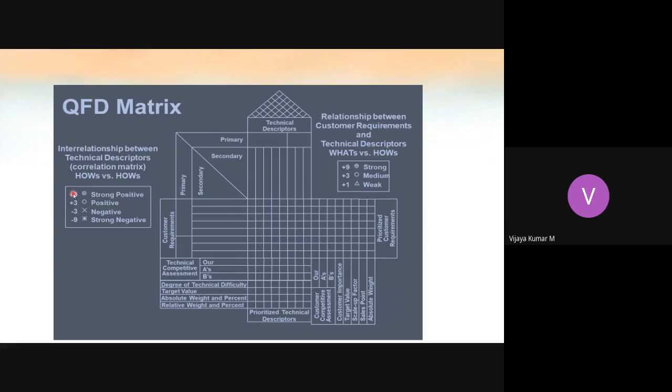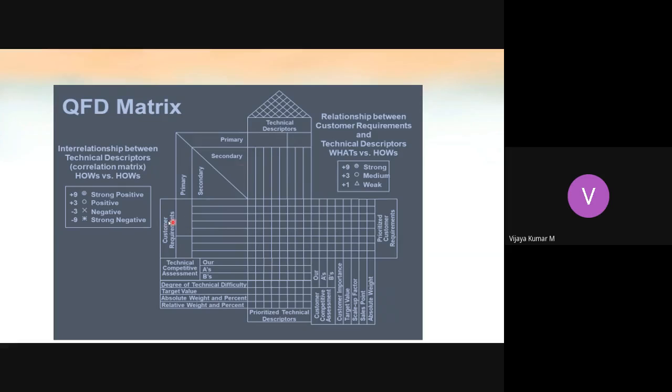Either you can use these numbers or these symbols according to your wish. And if it is negative, this is the symbol you will give, and the value you will fill in this correlation matrix is -3. And strongly negative means this is the symbol and this is the number you will fill in this correlation matrix.